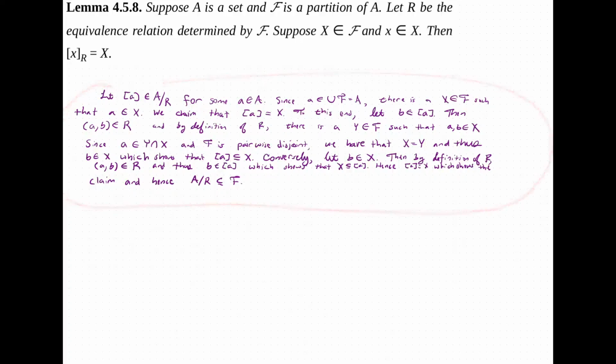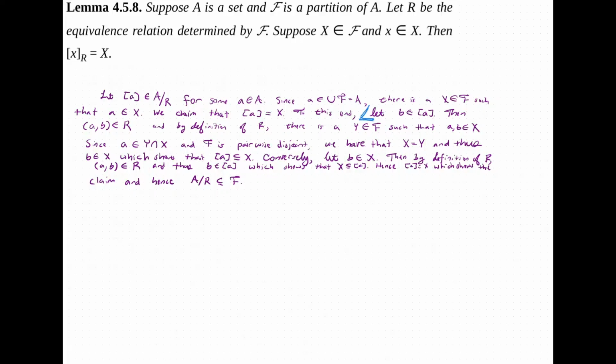I've copied it over. The only difference is that instead of using lowercase x, it's now lowercase a. We can choose a lowercase a in A mod R. This part is not needed, but we claim that this part here is what we are trying to do. And so the proof of the lemma is this portion right here.